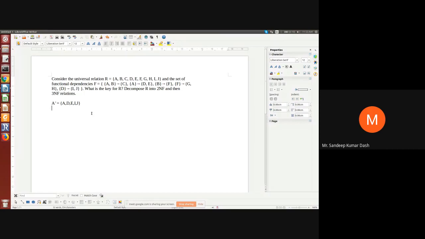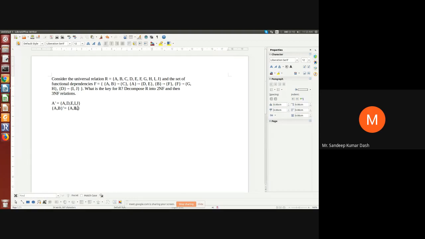Let me combine A and B. Closure of A and B will be: A itself will be there, B itself will be there, A and B both will be there.